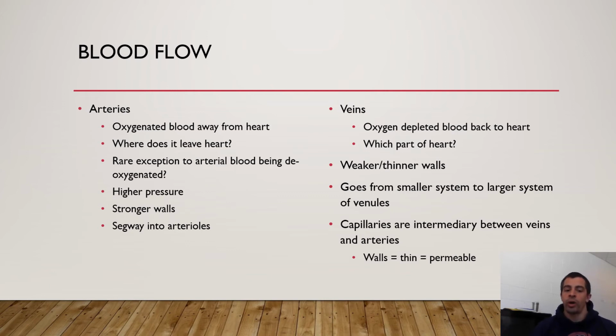This is where the exchange of oxygen starts to take place within your capillaries. Once this takes place, our capillaries start to enter your venules and eventually your veins, which bring that O2 depleted blood back to your heart.